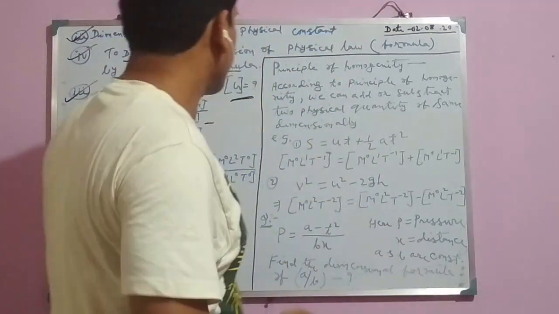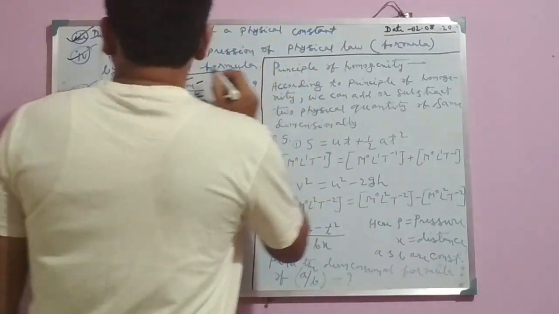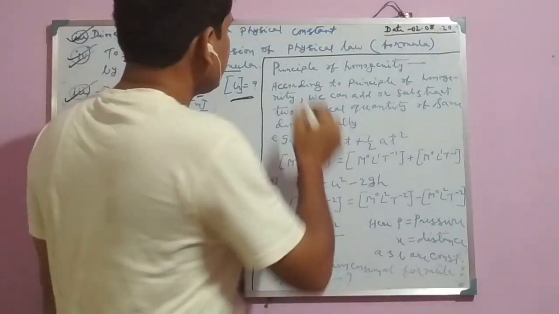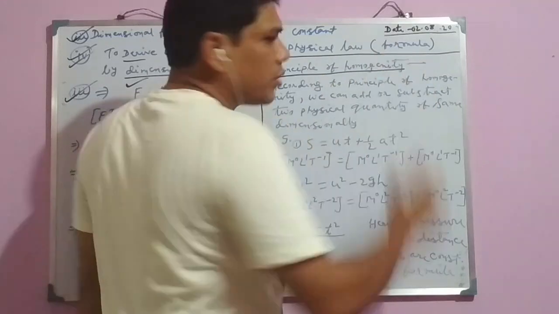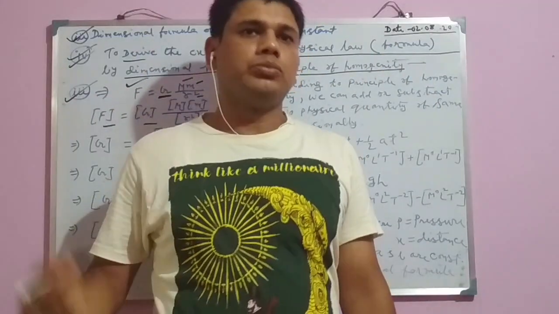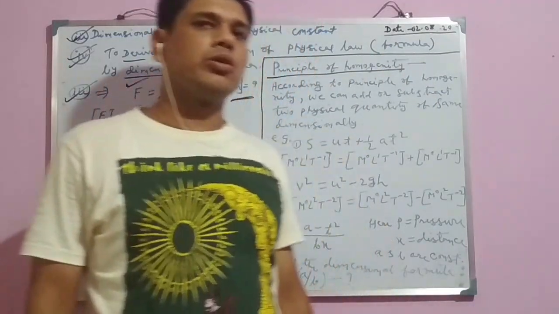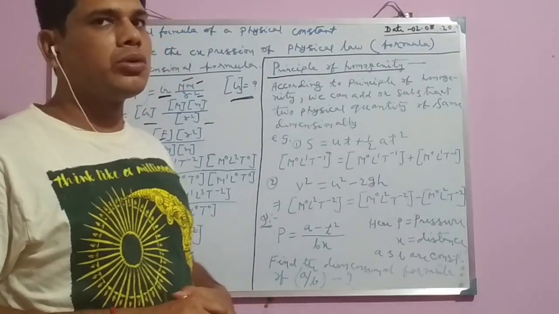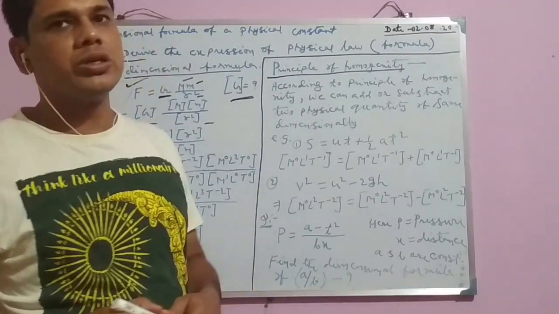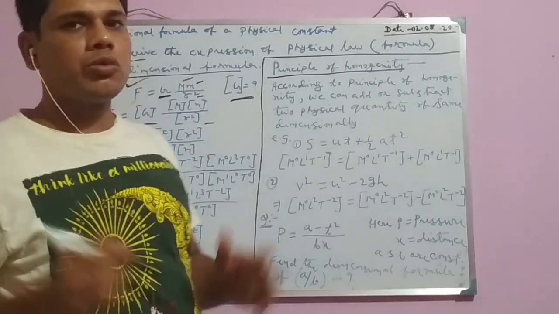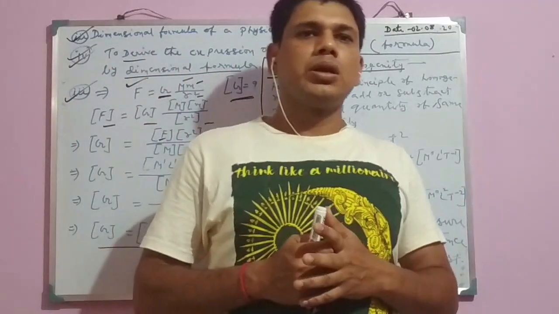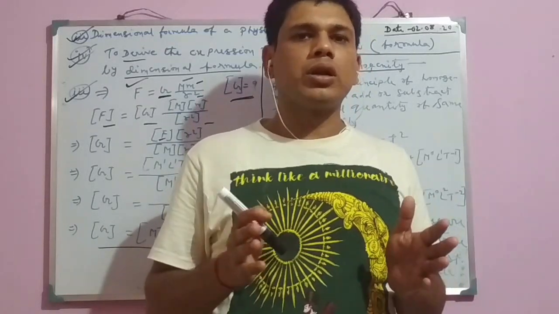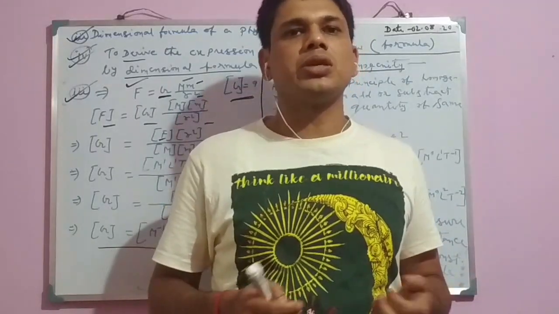Okay. Now next, before going to discuss how to derive a physical formula by using dimensional analysis, you have to know what the principle of homogeneity is. According to the principle of homogeneity, we can add or subtract two physical quantities when they are dimensionally the same.